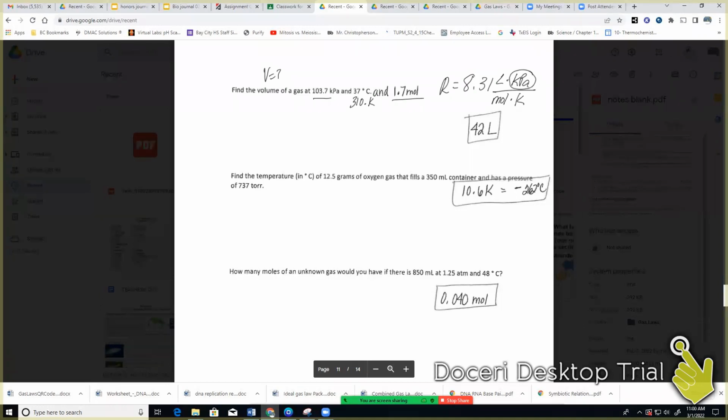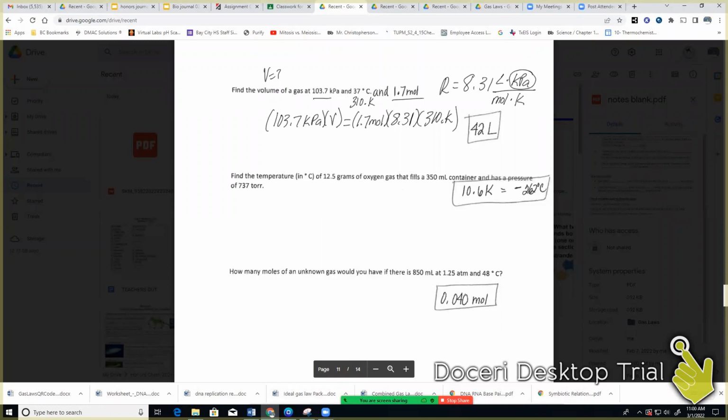All right, so now we can just start filling everything in. So pressure would be my 103.7 kilopascals. My volume is my unknown. My moles, 1.7 mole. We said we're going to use 8.31 as my R value, and my temperature is 310 K. All right, there is my setup.